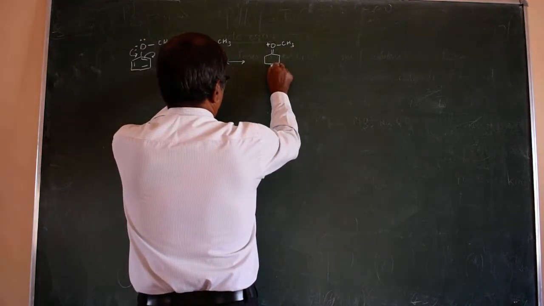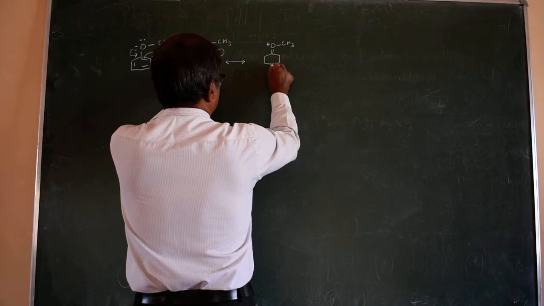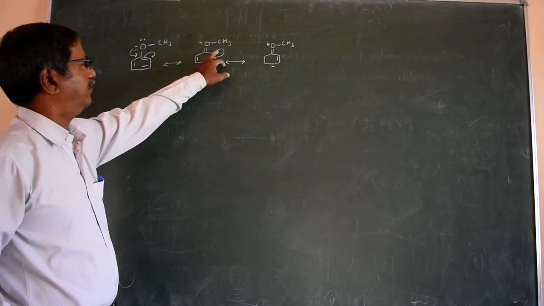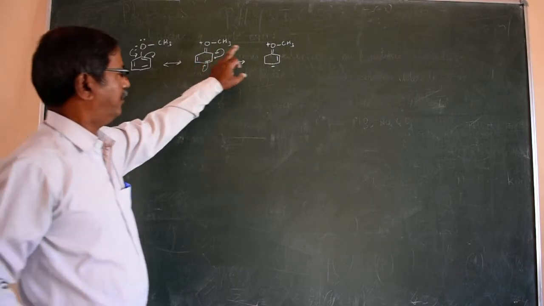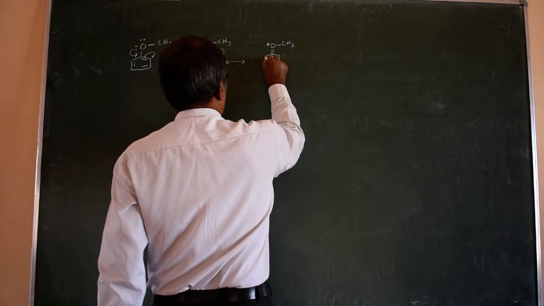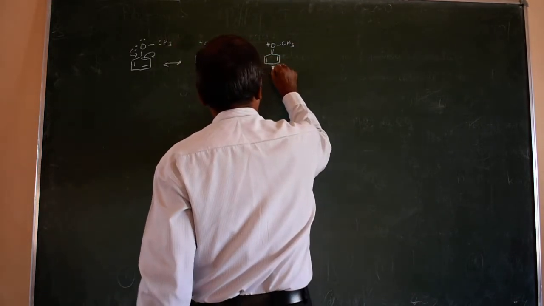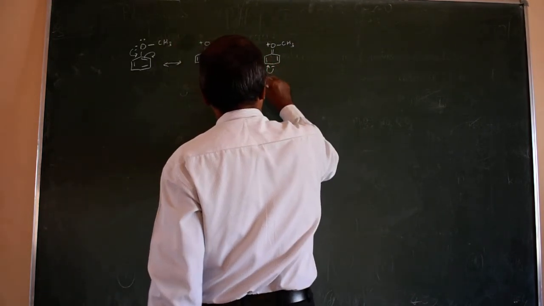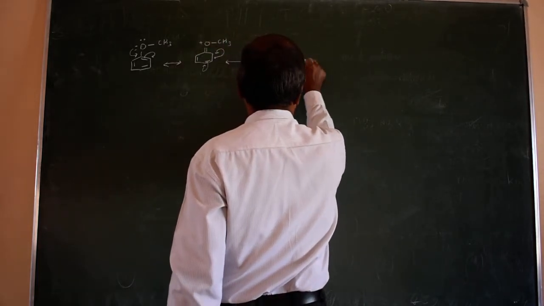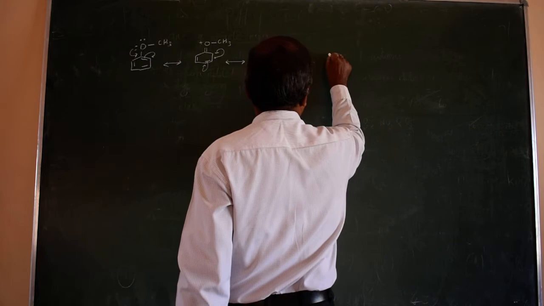So we have a negative charge on this and a double bond due to the movement of this electron pair between these two carbons. The remaining bonds are not affected.